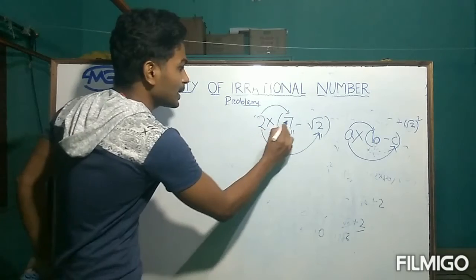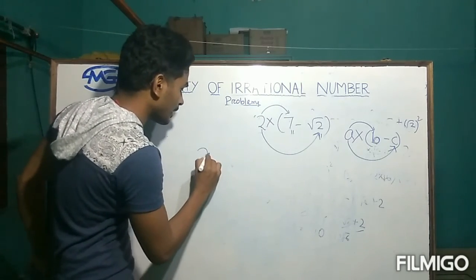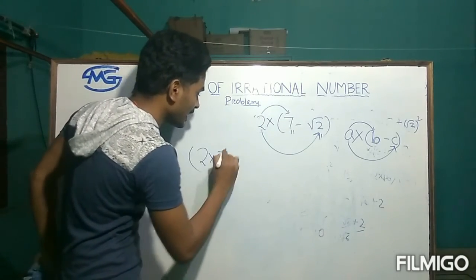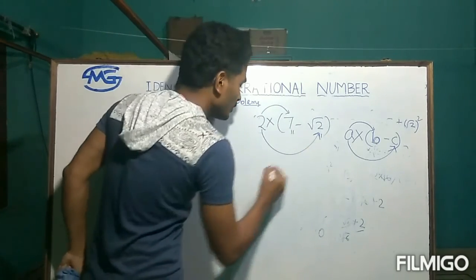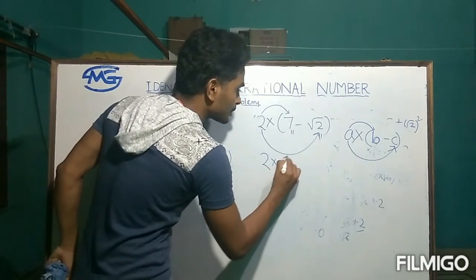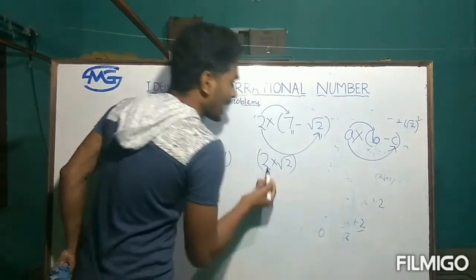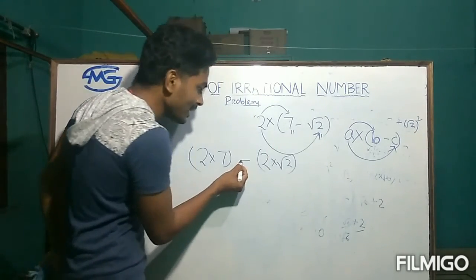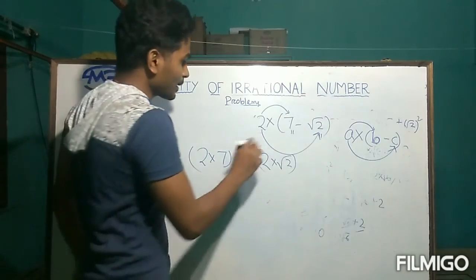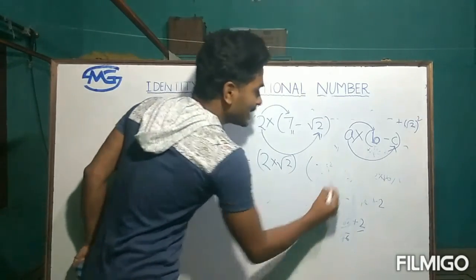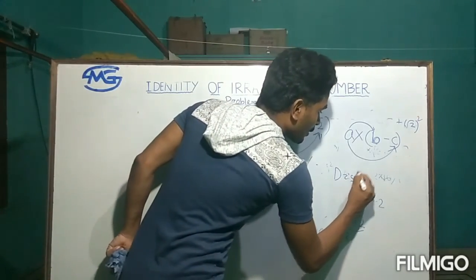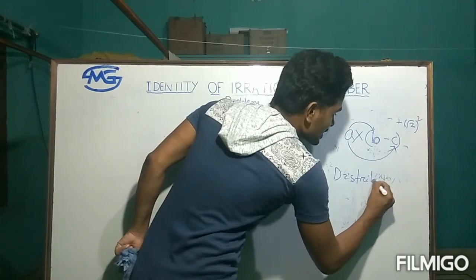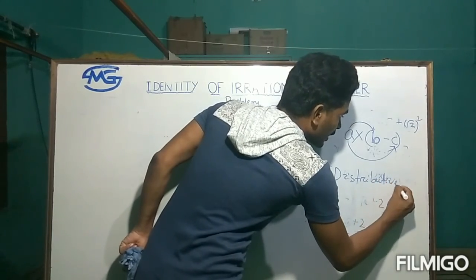So we can write 2 into 7, okay, then 2 into root 2, and in between them we use the sign minus, by using which rule? Distributive rule. Okay, by using the distributive rule.